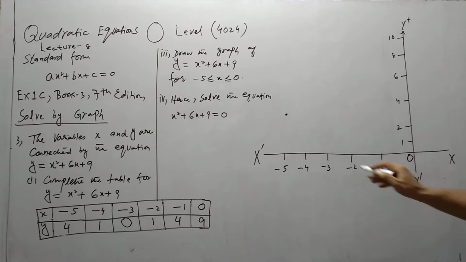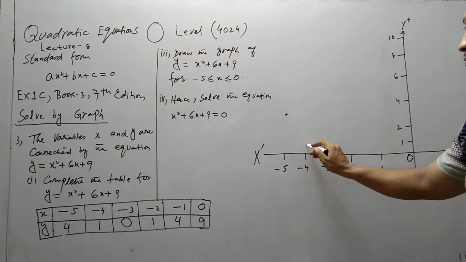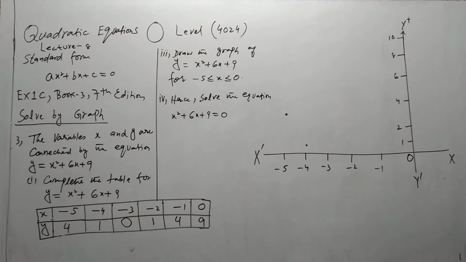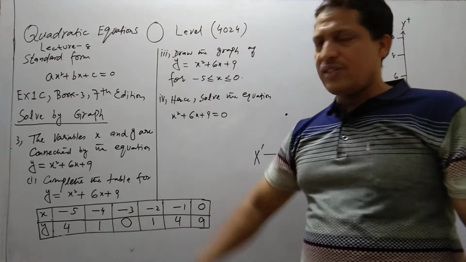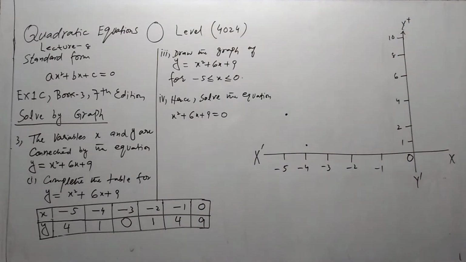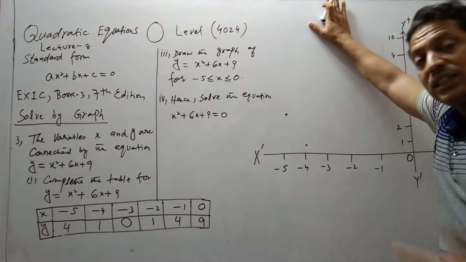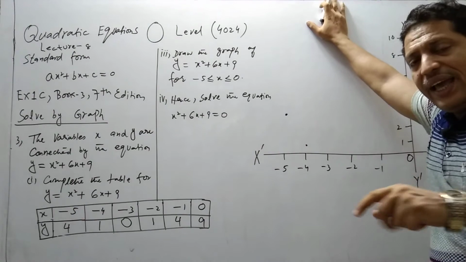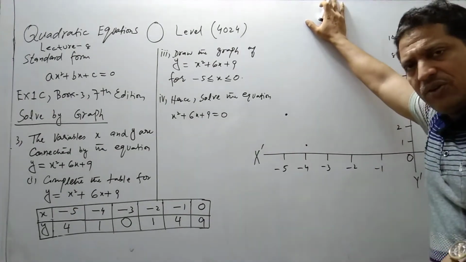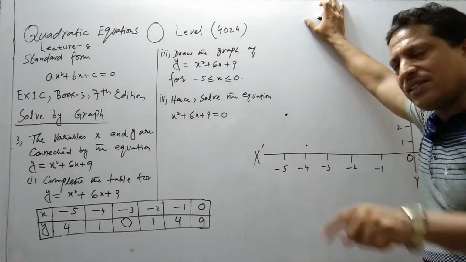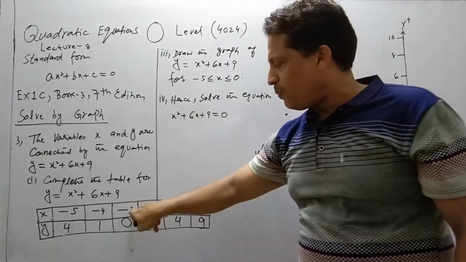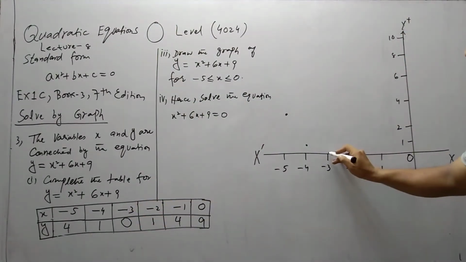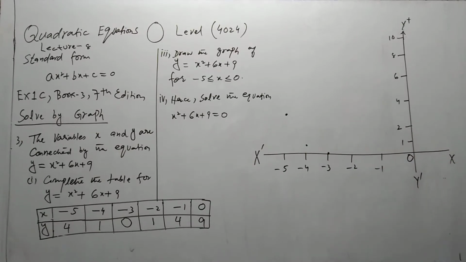So this is 1. Third, minus 3, 0. So minus 3 on x and 0 on y. You must know the value of y on the x-axis is 0 and the value of x on the y-axis is 0. So where do we put minus 3, 0? Just directly on minus 3 on the x-axis. This is your third point.